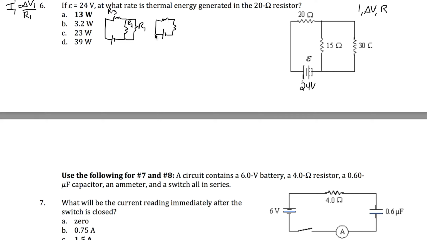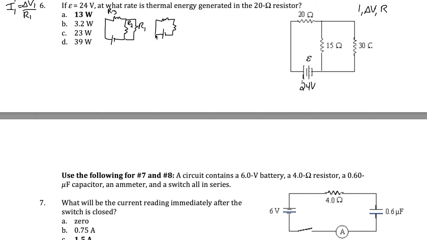So it's going to be R12. And in parallel, use the 1 over equation, 1 over R1 plus 1 over R2. When you solve for R12, you're going to get 10. When you do 1 over 15 plus 1 over 30, and take the reciprocal, you're going to get 10 ohms.